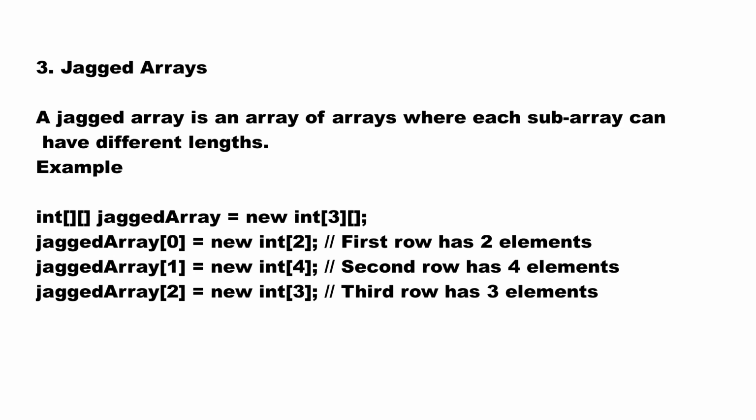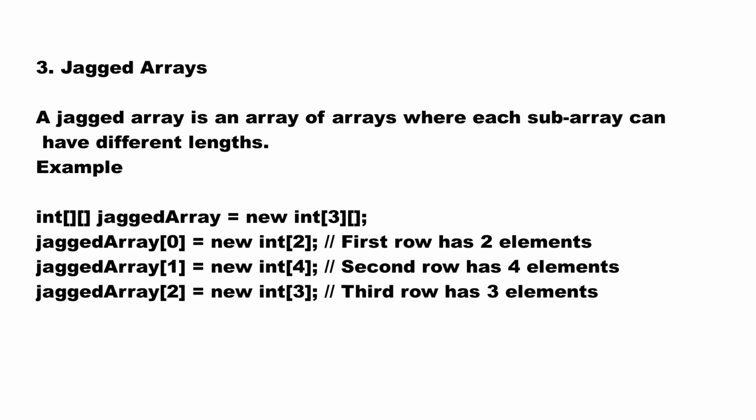It's telling us that the second row contains 4 elements and the column is still not fixed. jaggedArray[2] equals to new int[3]; comment: third row has 3 elements.